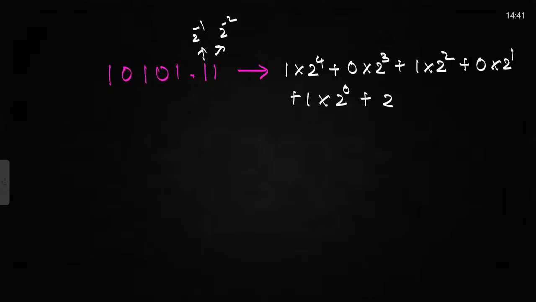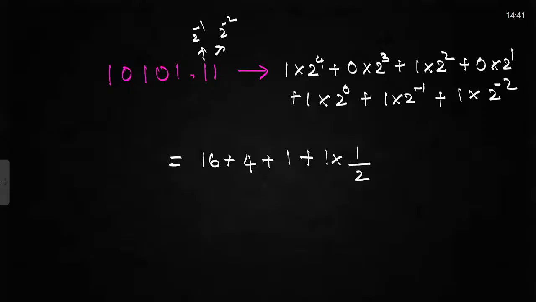So 1 into 2 power minus 1 plus 1 into 2 power minus 2. So this means 16 plus 4 plus 1, plus 1 into 1 by 2 plus 1 into 1 by 4.